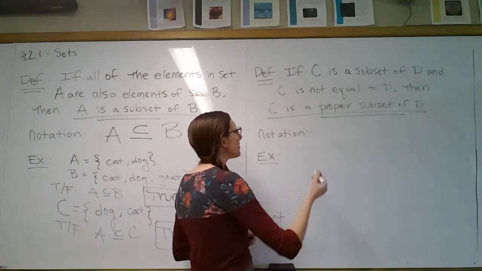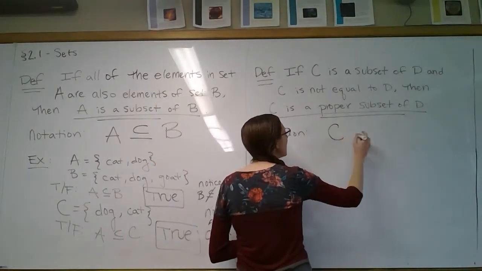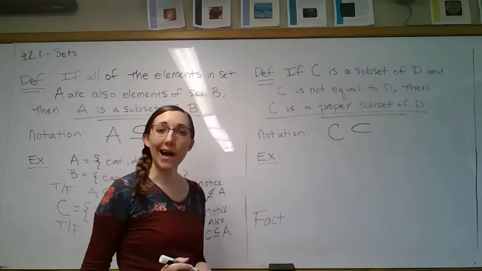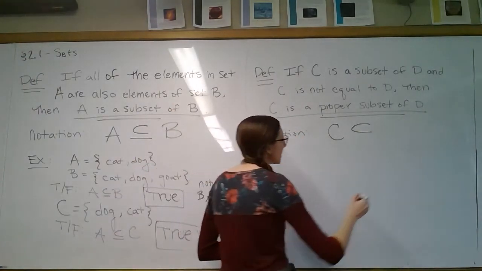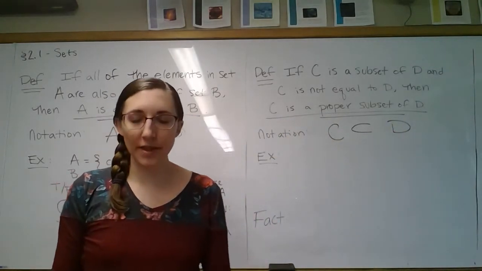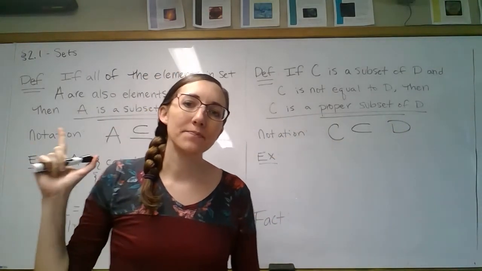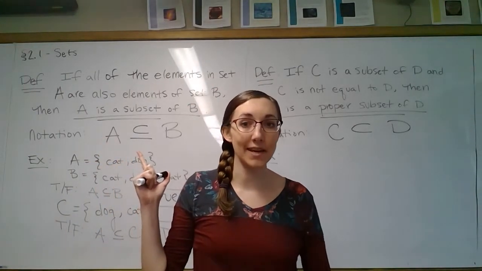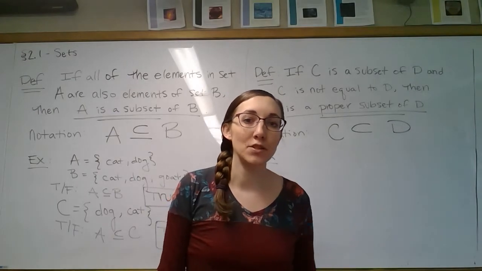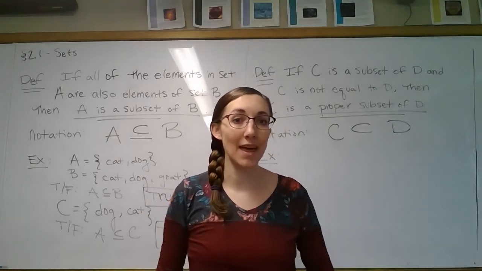Now the notation for that, we're going to say that C, it's like the subset symbol, but there's no line underneath. So C is a proper subset of D. Analogously, just as the subset symbol was like less than or equals, the proper subset symbol is analogous to strictly less than.